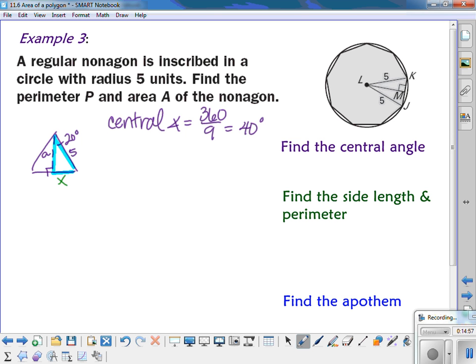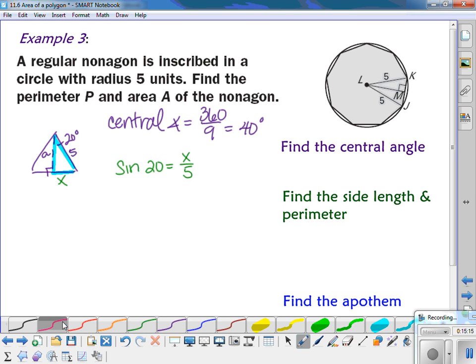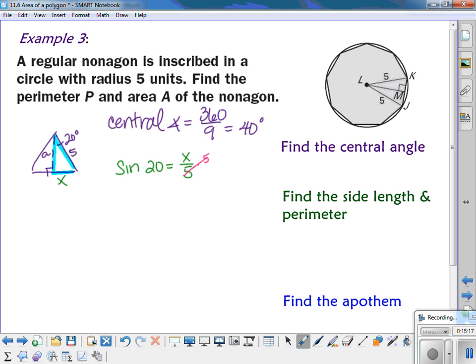For that one, I have the opposite and the hypotenuse, and so that's going to be sine. So I know that the sine of 20 degrees is the opposite over hypotenuse, so x over 5. And then to get the x alone, I multiply both sides by 5.